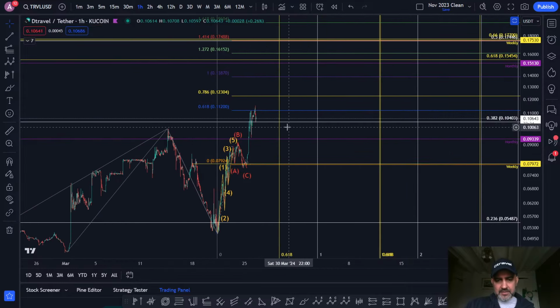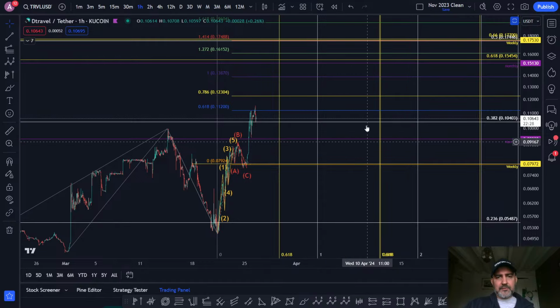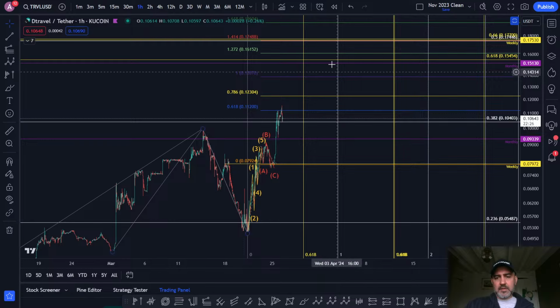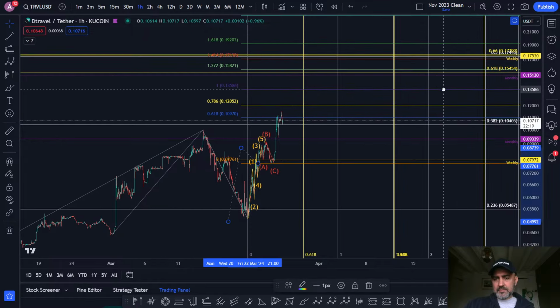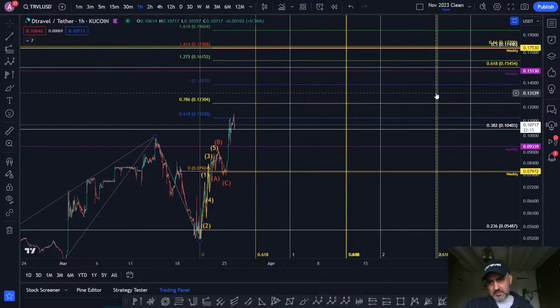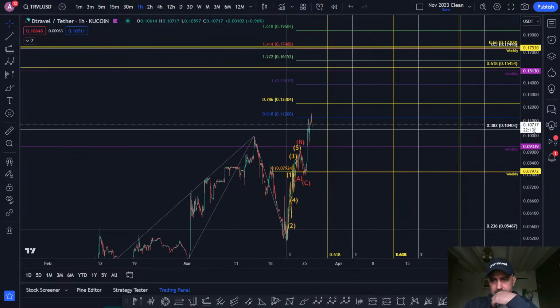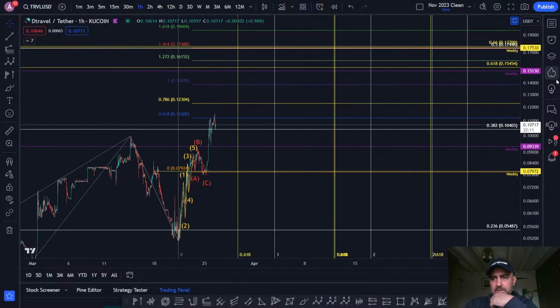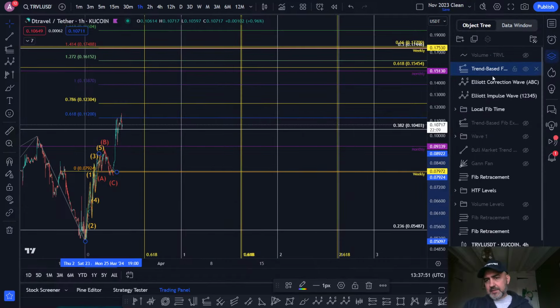That's what I'm thinking, and I think it could possibly happen by the end of the month or the beginning of April, before we maybe correct with Bitcoin until we hit somewhere later. All right. So it's something to consider.